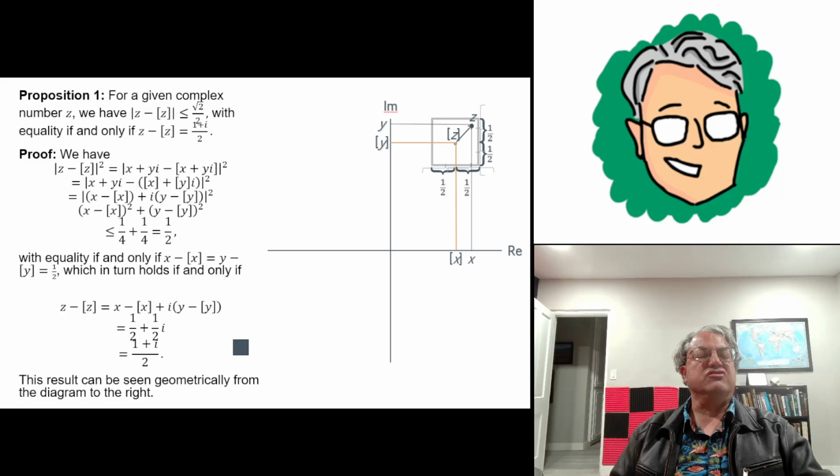So the diagonals have length square root of 2. So the farthest it can be from the center is square root of 2 over 2. And you can work it out algebraically as well, which is what I've done here.